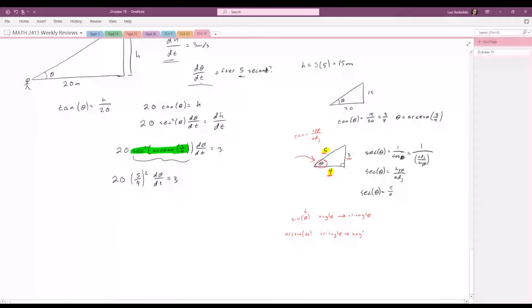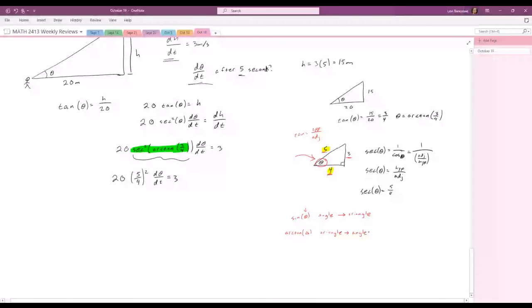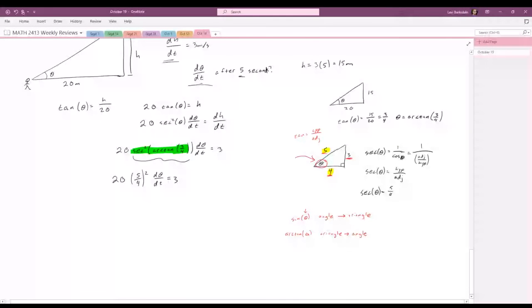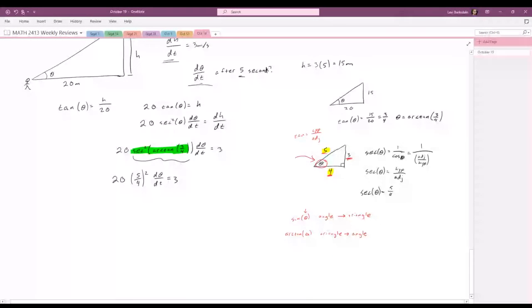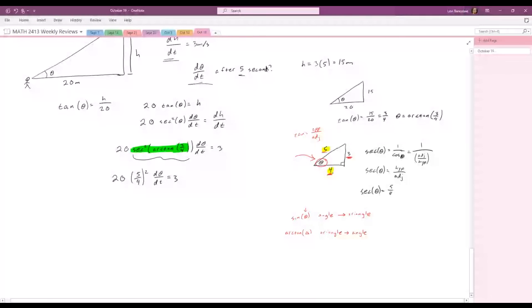Specifically, instead of a triangle, it's more like a ratio between sides of a triangle. So arctangent takes in the ratio 3/4. You can think of it as the arctangent taking in a triangle, 3/4. Then I can find the angle, and use that triangle and that angle to find my secant of that angle.